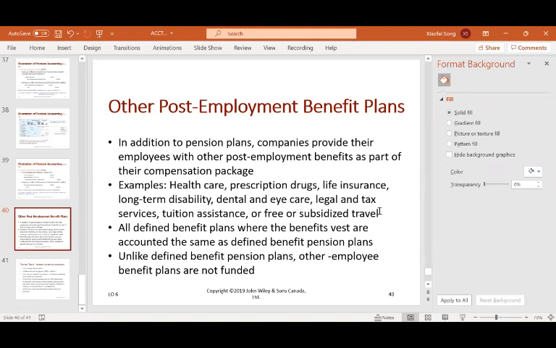Like a pension plan, these benefits are earned while employees are employed, and the benefit will be received when the employee retires. So that's the same, and the accounting should be the same.